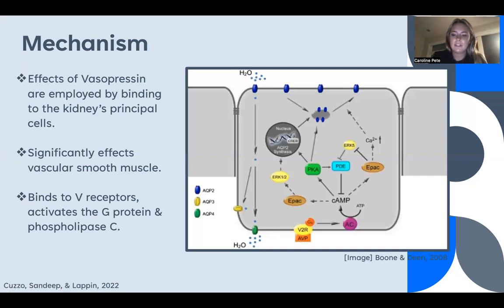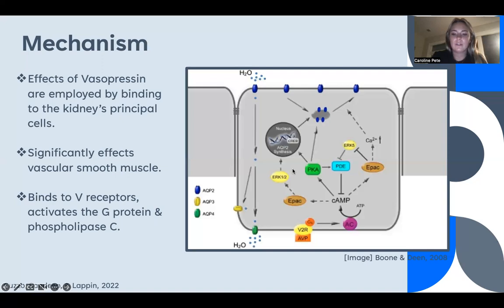And then after this, you can see that protein kinase A, also labeled as PKA, is activated, inducing a translocation of AQP2-bearing vesicles to the apical membrane.